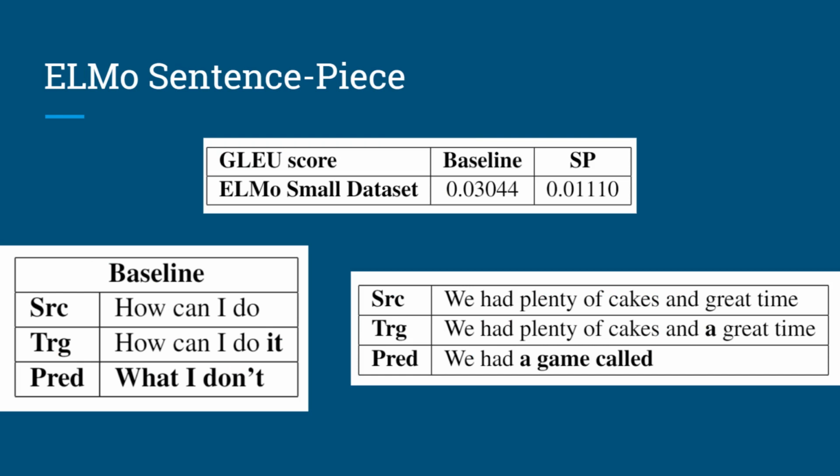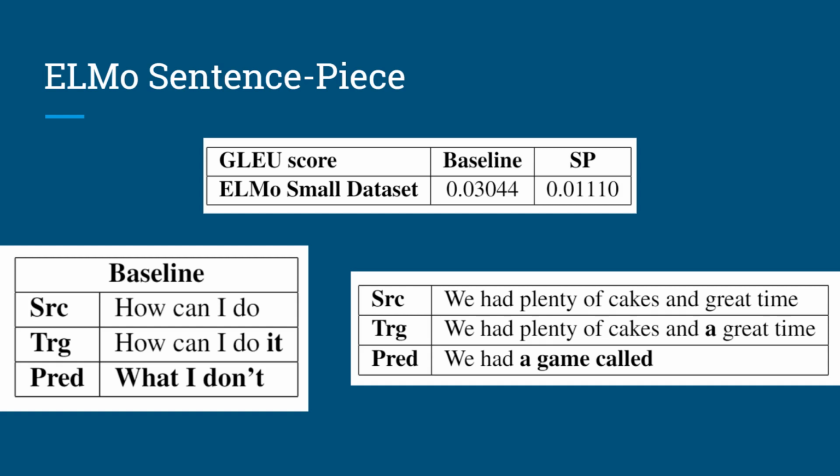Next is ELMo. The idea behind ELMo is people wanted to improve upon word-based embeddings and use context. If you have a cell, it could be a lot of different things. It could be a cell phone, a gel cell, or a blood cell.